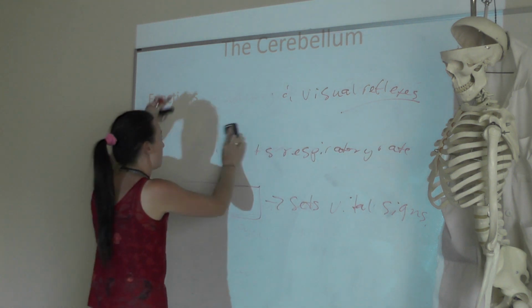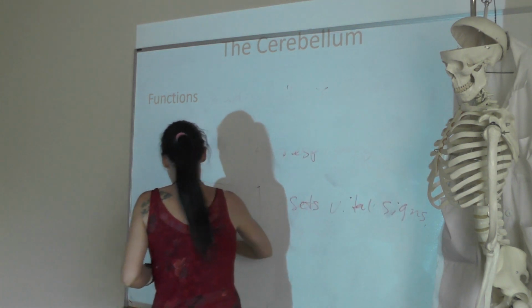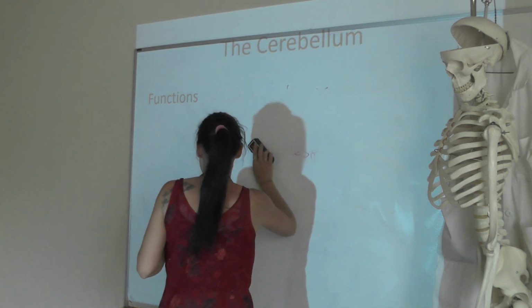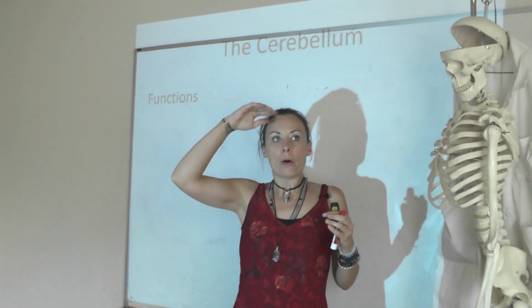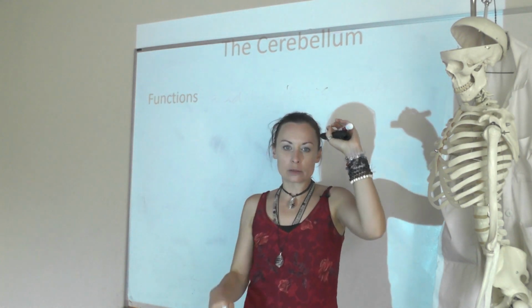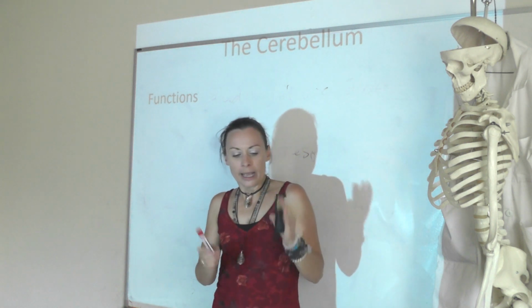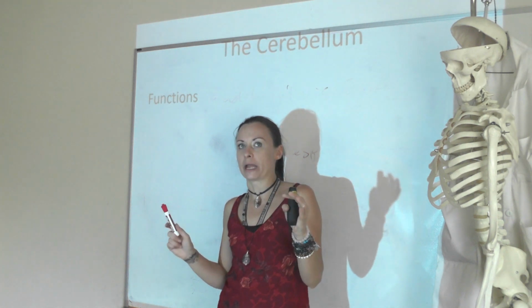All right, so next. Our last brain region is the cerebellum. It's like the mini brain sitting on the posterior and inferior aspect of your brain. It really functions to compare motor output to sensory input. What the heck does that mean? It's making sure that you're doing what it is you want to be doing.